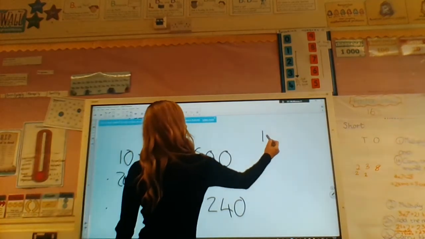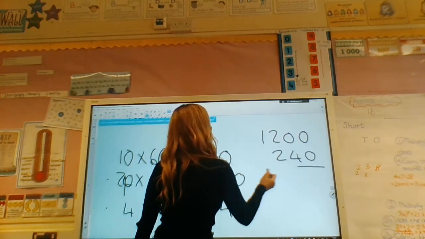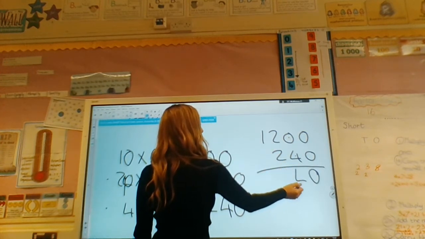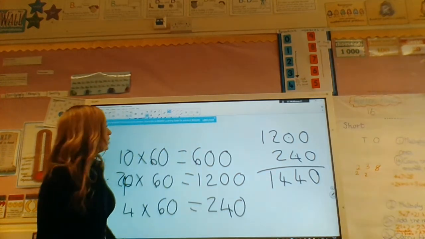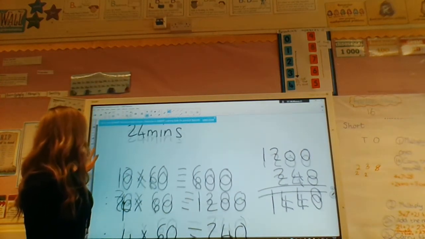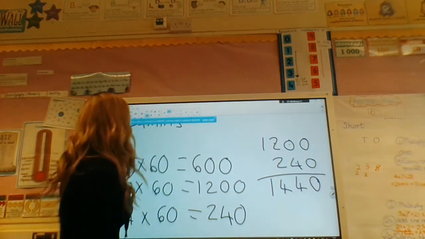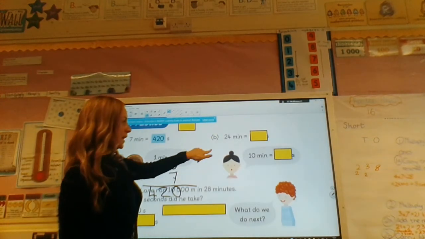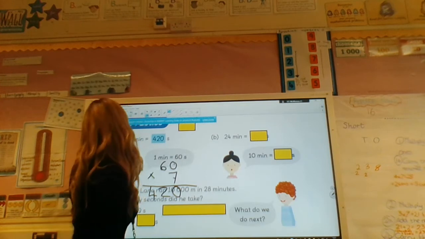So you need to add 1,200 and then 240. 0 and 0 is 0, 0 and 4 is 4, 2 and 2 is 4, and then 1 and I think is 1. So 24 minutes in seconds is 1,440. So with the larger numbers like that, it's about partitioning it and splitting it. So looking at 10 minutes, then another 10 minutes, then 4 minutes.